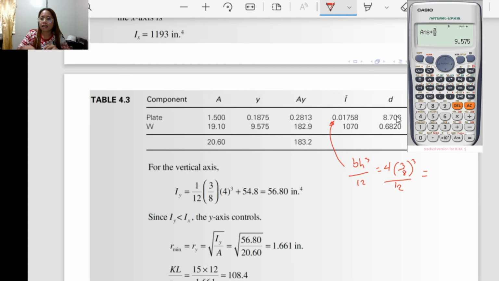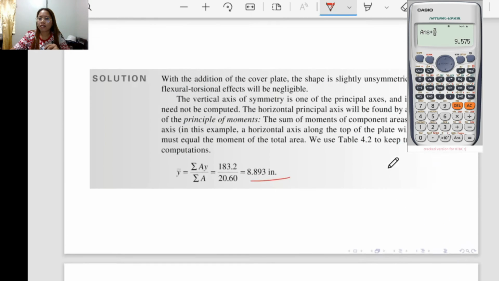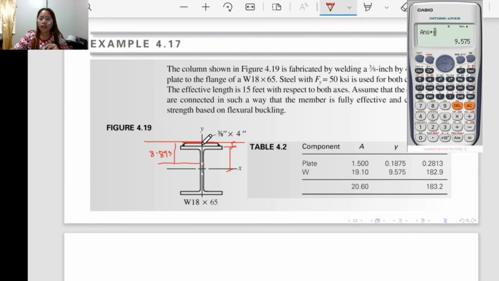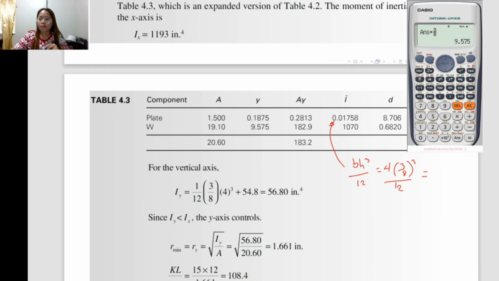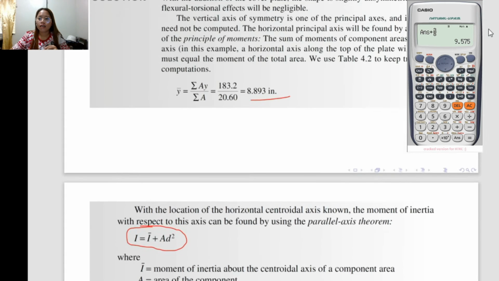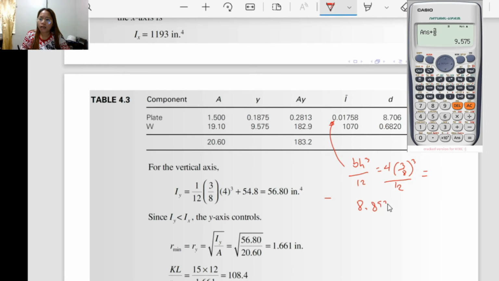Then the D, this is the distance, no? Between the centroid. So, the distance of the centroid of the component to the whole centroid. Like, for the plate, right? To get this one, it is the centroid, what was the centroid earlier? 8.893 minus half of the thickness of the plate, right? 3/8 divided by 2.